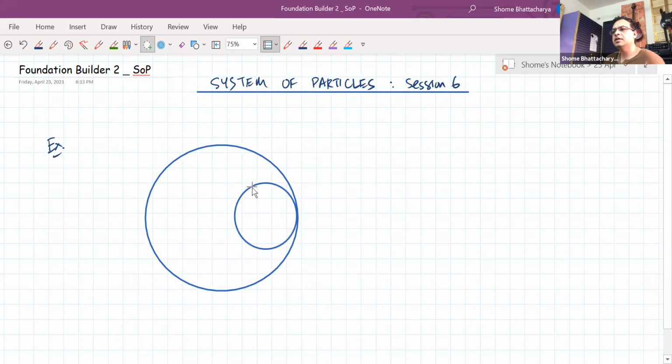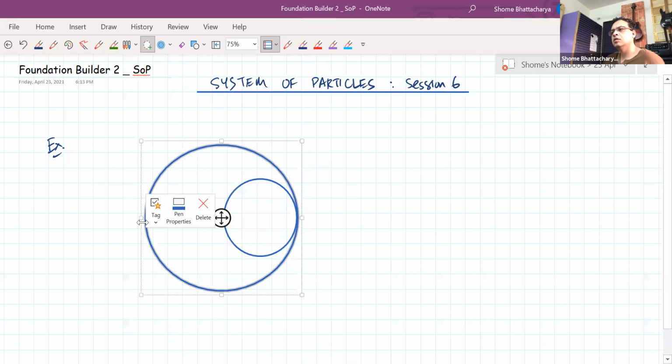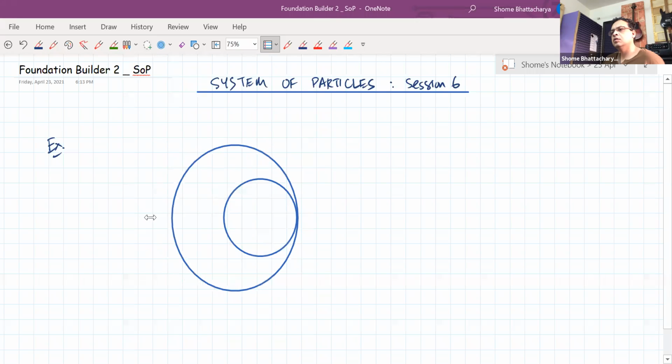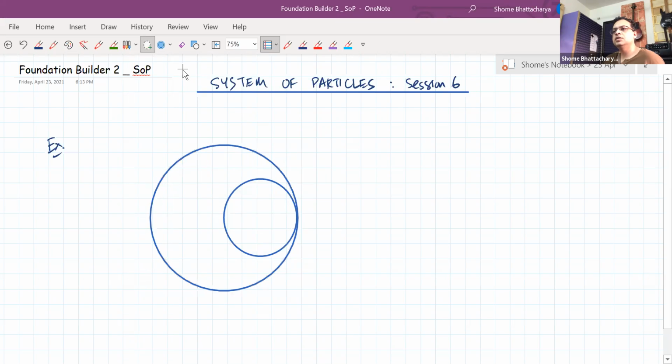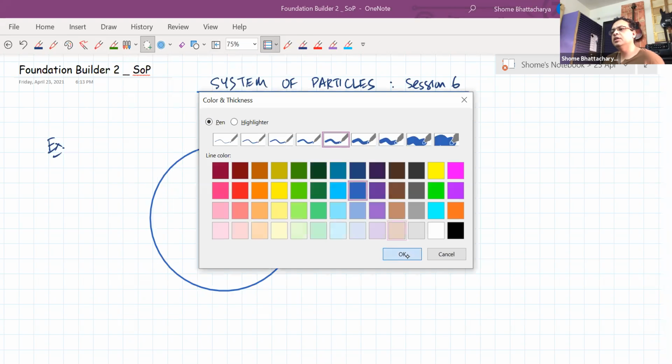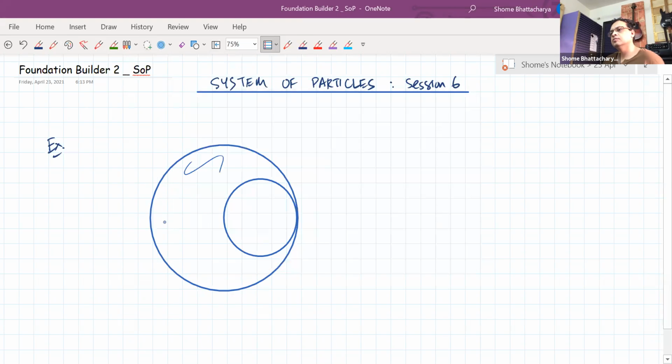So I'll just make the diagram a little more clear first. So a round hole or cavity has been cut out from the disk, in such a way that the portion we have remaining is this one.